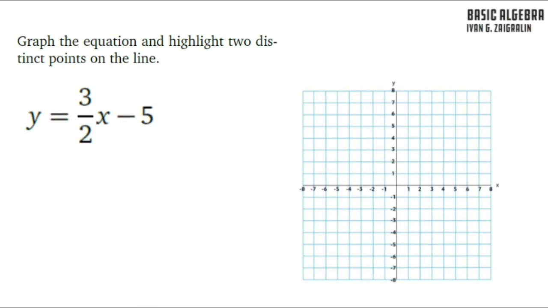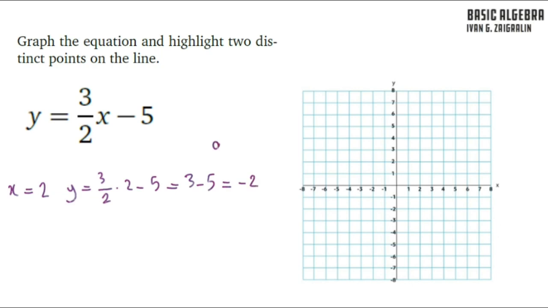The next equation, y equals 3 over 2x minus 5. So when x equals 2, y equals 3 over 2 times 2 minus 5, which equals 3 minus 5, and the result is negative 2.